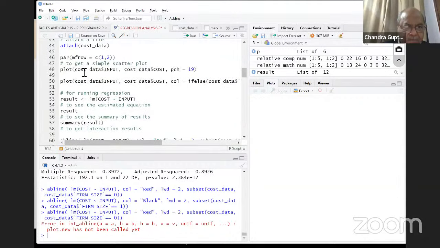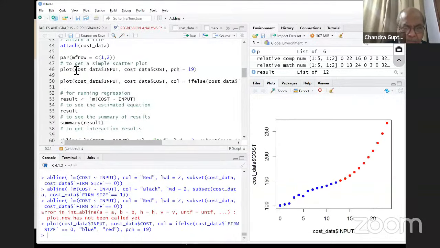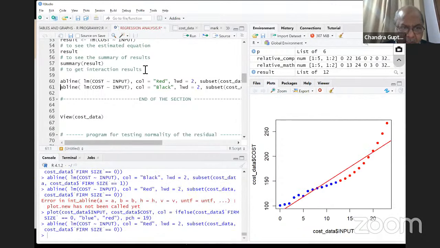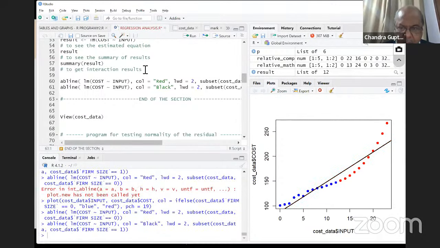Okay, sorry. You first have to make the scatter plot, only then you can make use of it. So almost same we are getting here, not much difference.